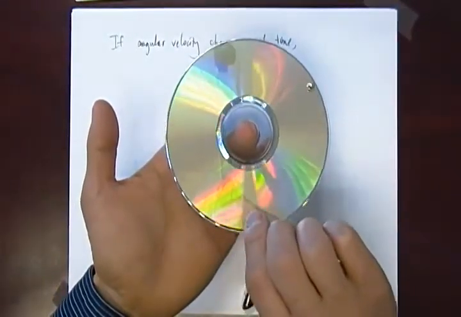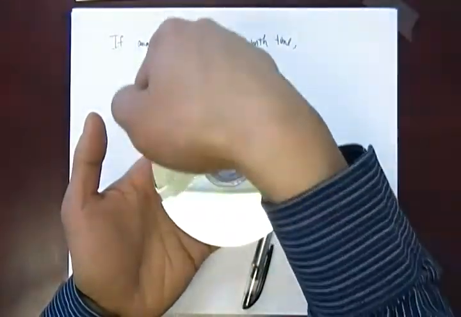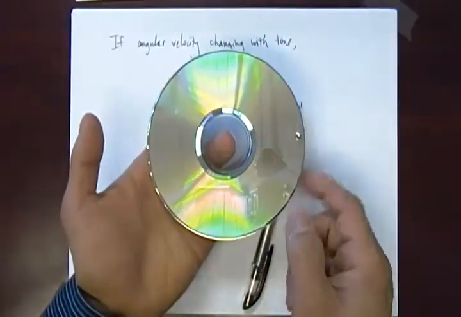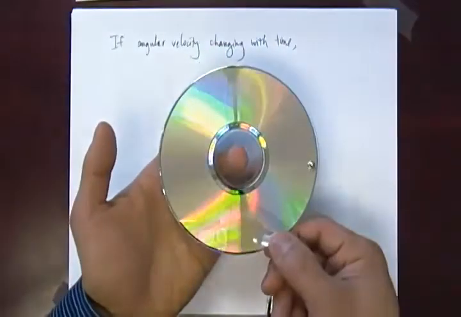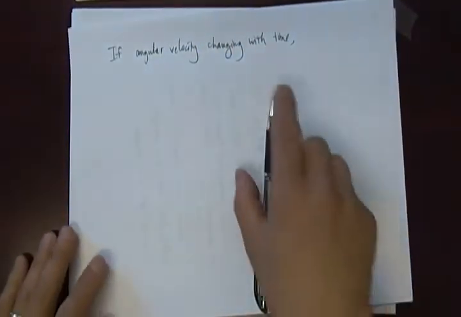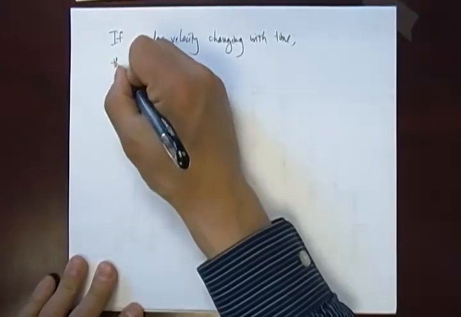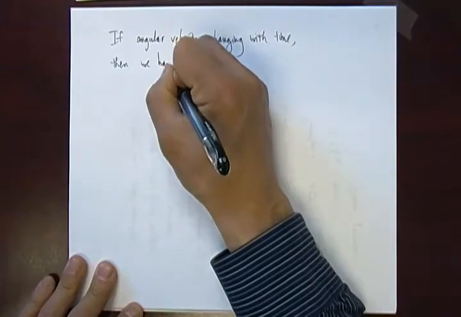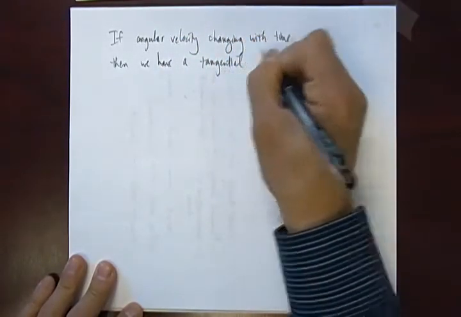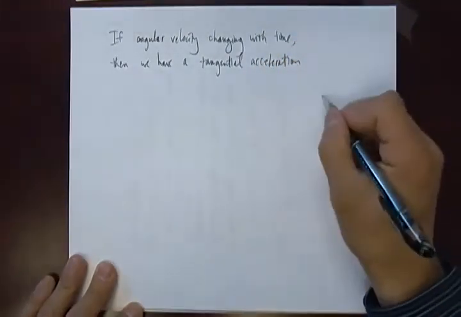It was going slowly, then it's getting faster. Then there will be some acceleration that will be tangent to the circle, because the speed is getting faster. So we can talk about a tangential acceleration. If angular velocity is changing with time, then we have a tangential acceleration. We've already talked about tangential acceleration, but let me remind you.